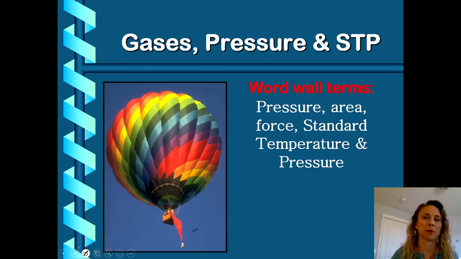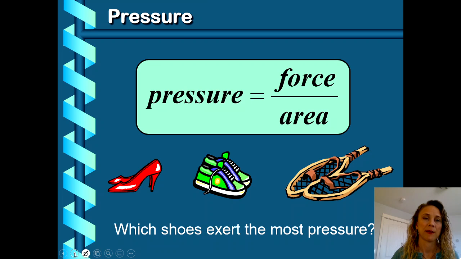So we're going to talk about pressure and area and force as well. Pressure is force per area. And remember, area is a flat, two-dimensional amount. It's not three-dimensional, not like volume. So, force per area.